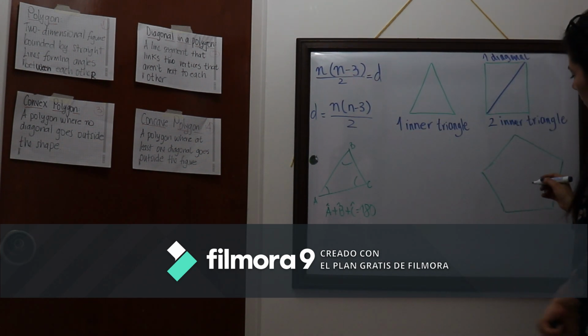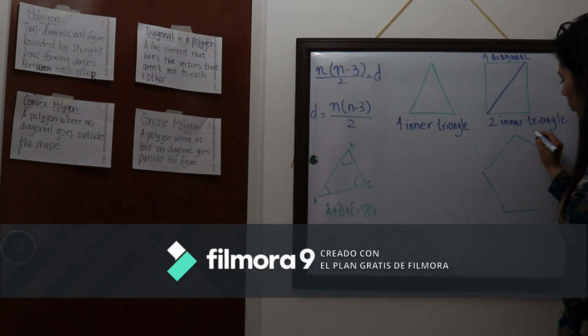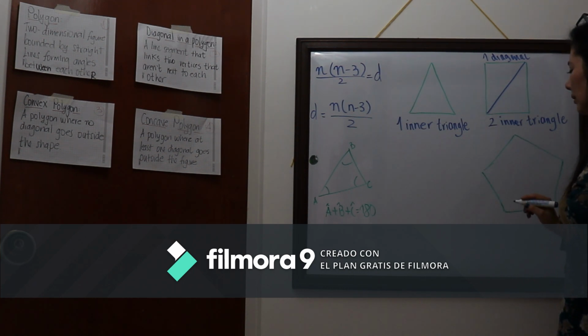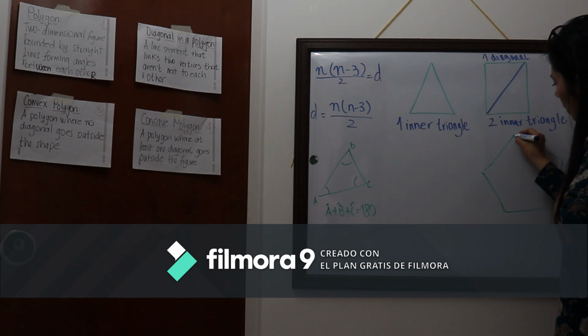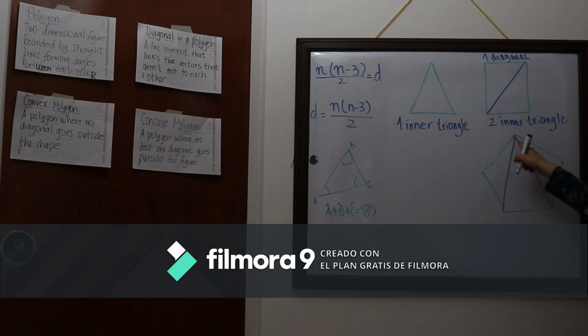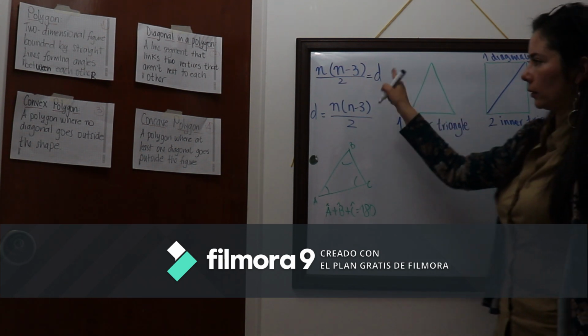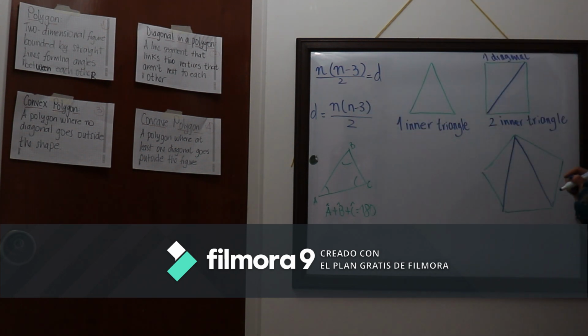Now think about this. Well, you had it in your book, I believe, right? I think you have this in your book. So out of one vertex, remember, we can make two diagonals because that's what we got from the exercise we did before.